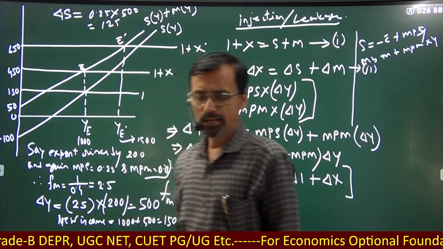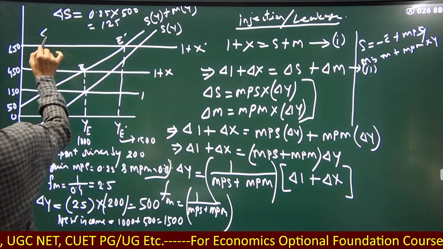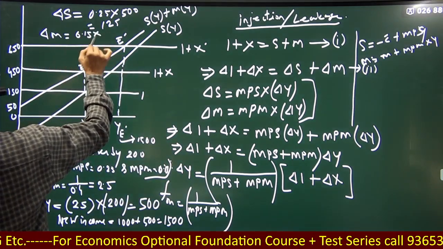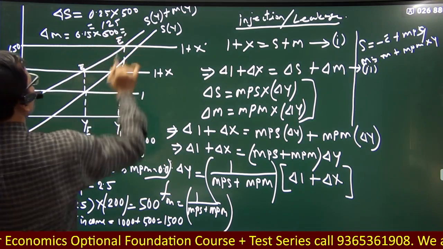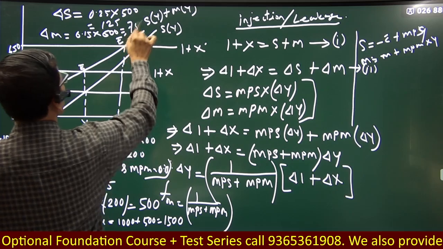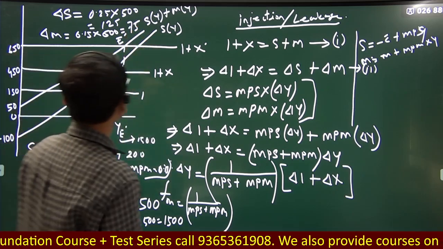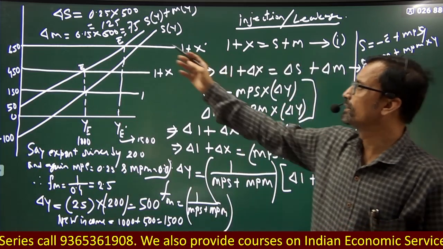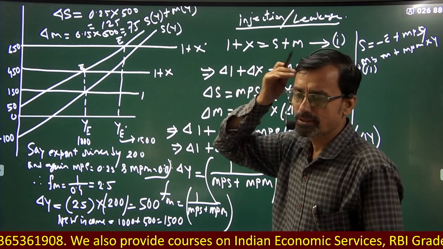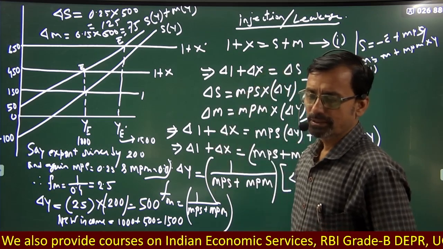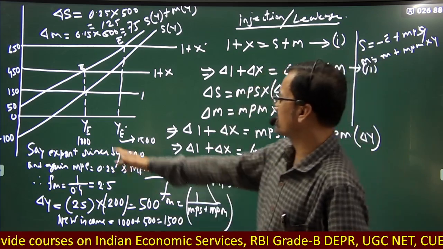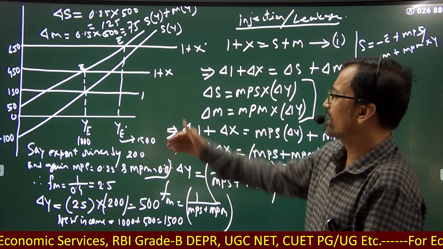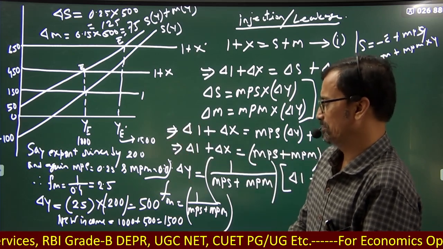Similarly, import will also change: 0.15 times 500 is 75. So import changes by 75 and saving changes by 125. Therefore, the new income is generated up to 1500, an increase of 500.